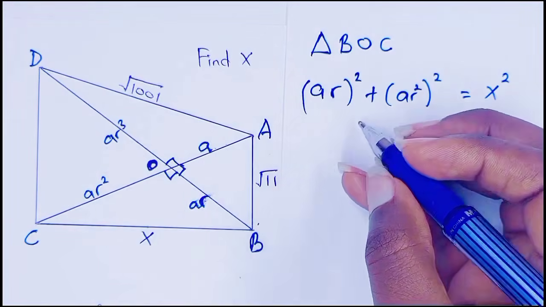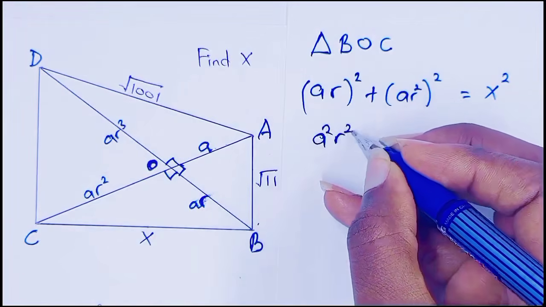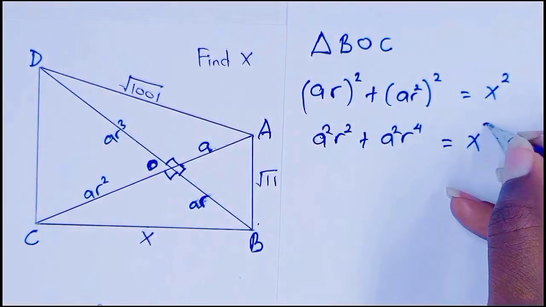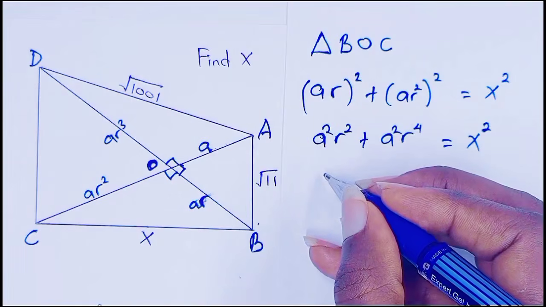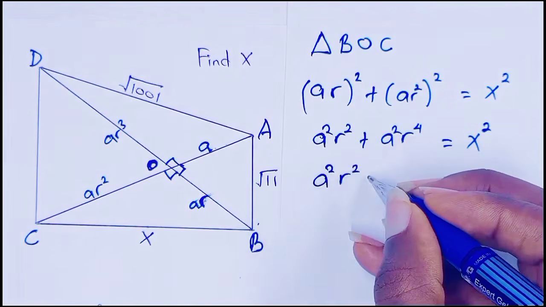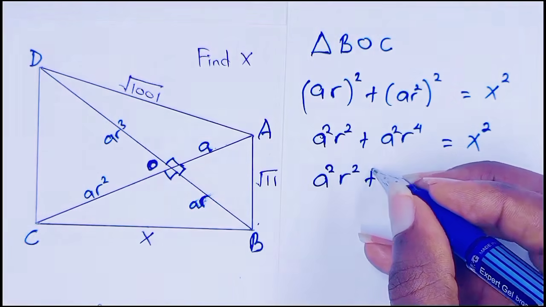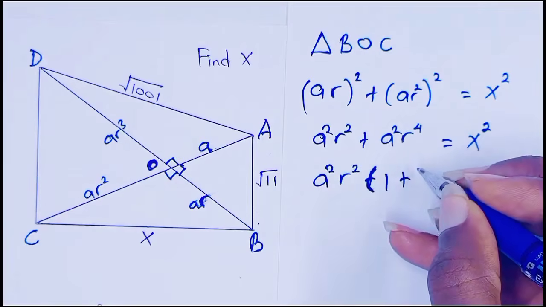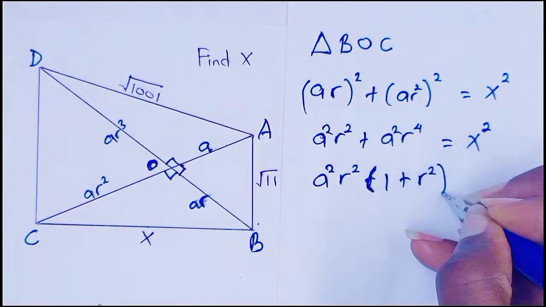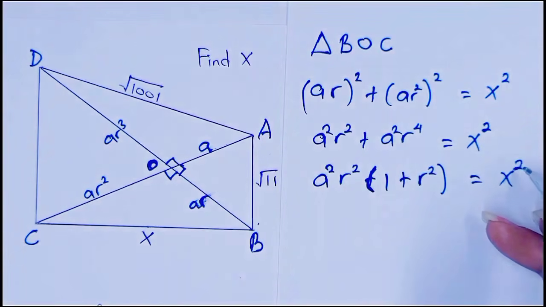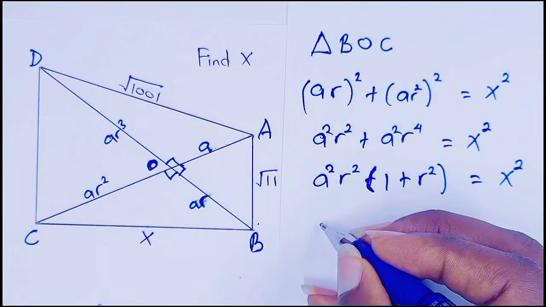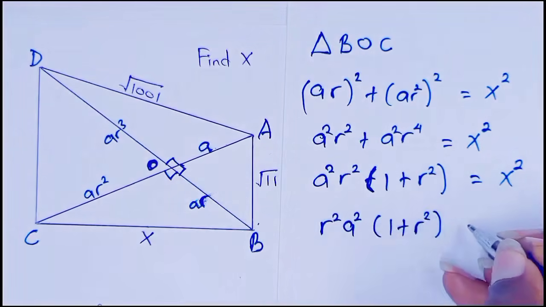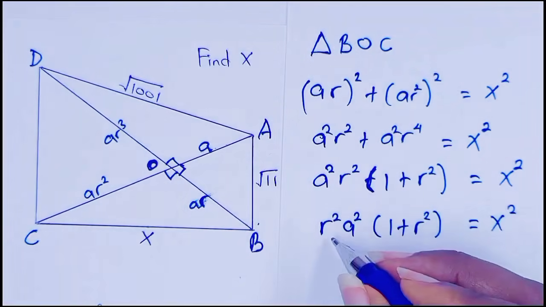So we shall have A squared R squared plus A squared R power 4 is equal to x squared, which becomes A squared R squared into 1 plus R squared is equal to x squared.